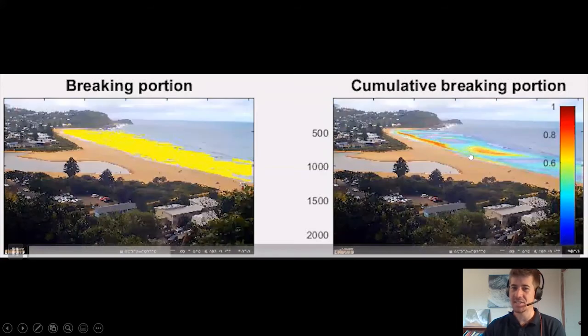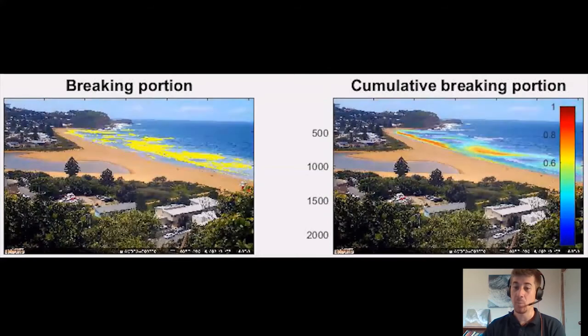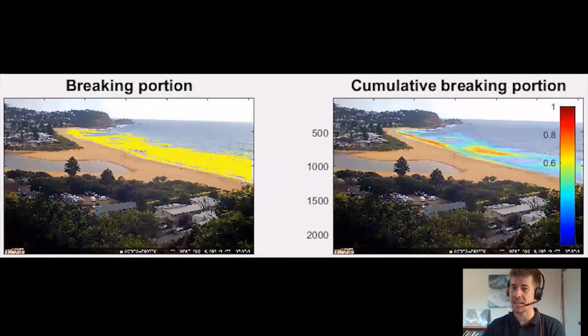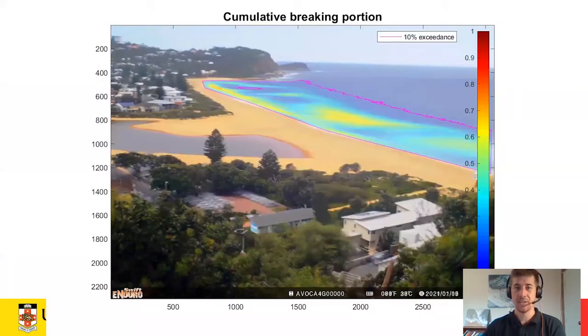You can start to see some really noticeable trends in where waves are breaking, but also where waves are not breaking. That can be associated with where rip channels are located. If you have a look at a zoomed-in plot here, this is wave breaking intensity over a week-long period.